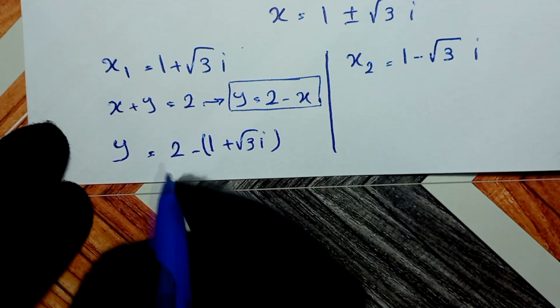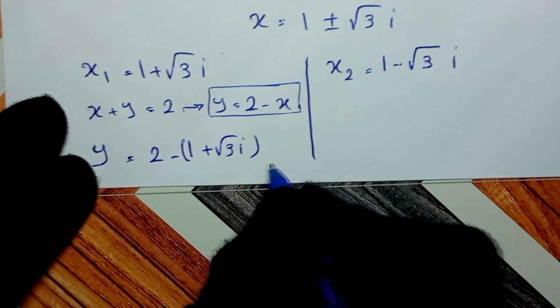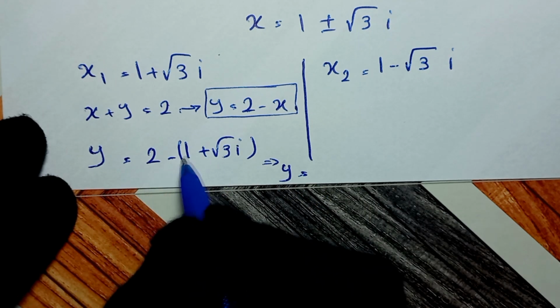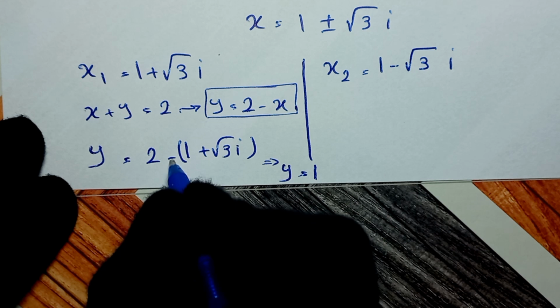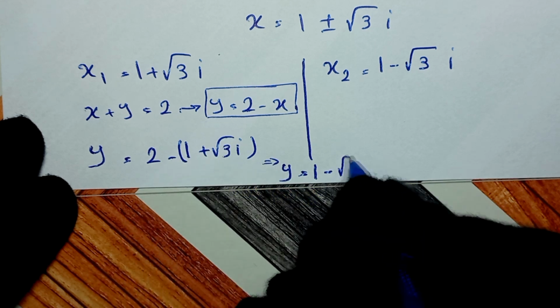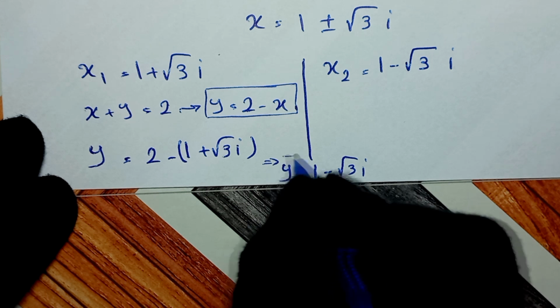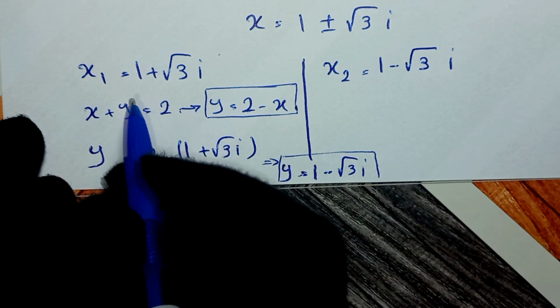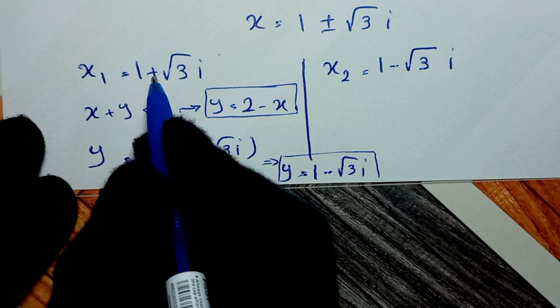And it will be y is equal to 2 minus 1 is 1, and negative 1 times this square root of 3i will be negative square root of 3i. So y is equal to 1 minus square root of 3i and x is 1 plus square root of 3i.